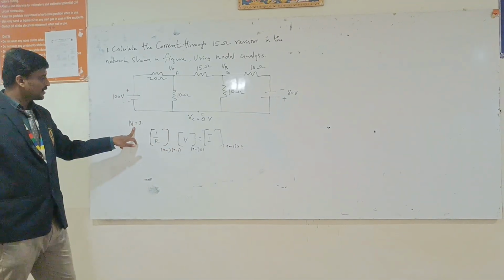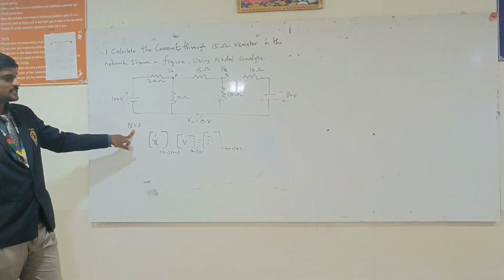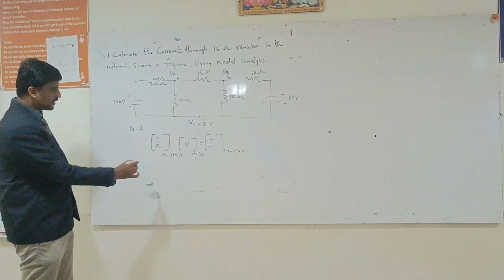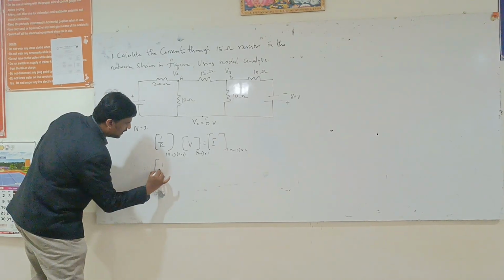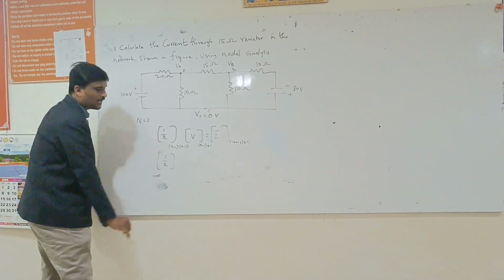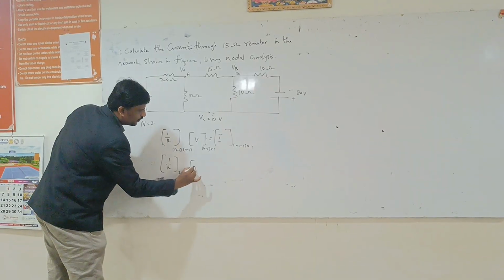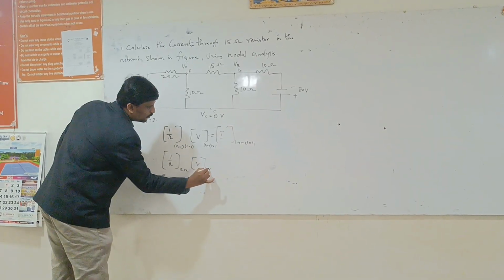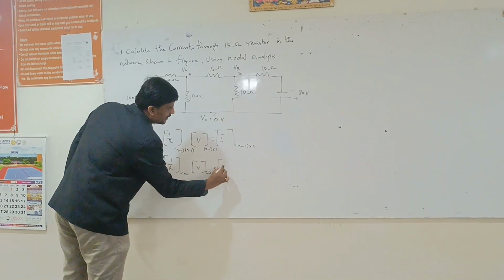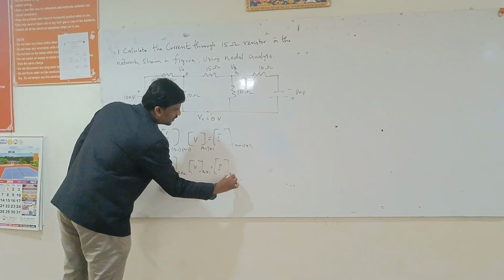We know the total number of nodes n is equal to 3. So the size of the R matrix will be 2 cross 2, the voltage matrix will be 2 cross 1, and the current matrix will be 2 cross 1.